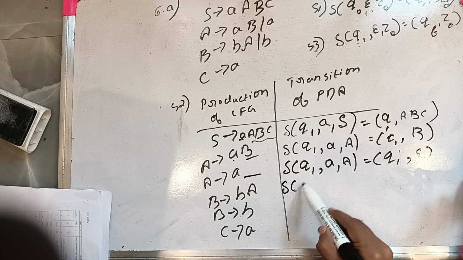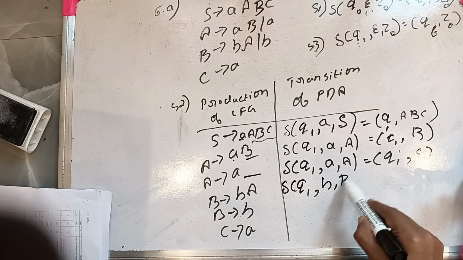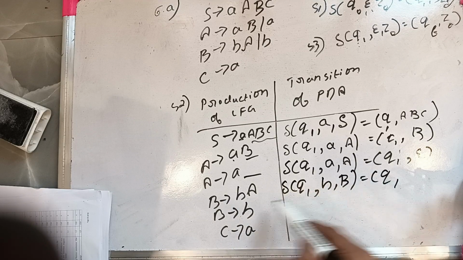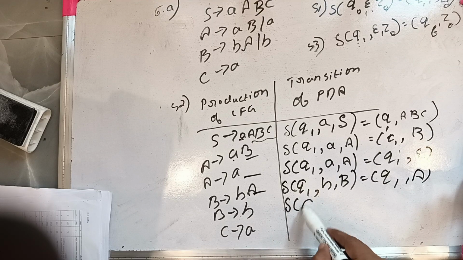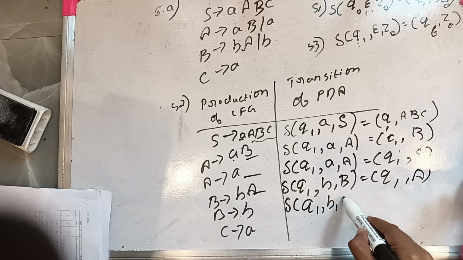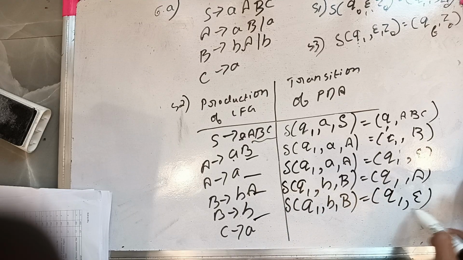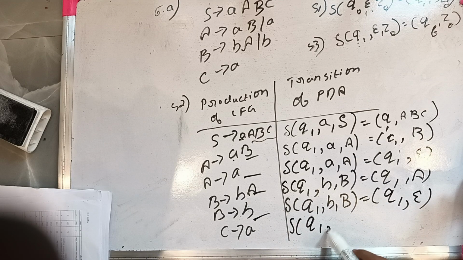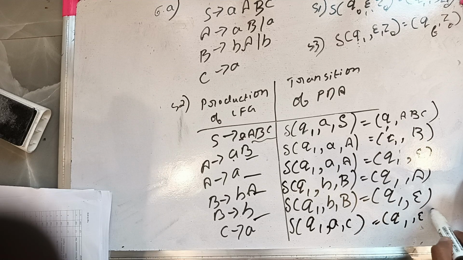Next transition q1, B produced by capital B and q1, remaining is A here. Transition q1, B, next q1 epsilon, next q1 AC, q1 epsilon.